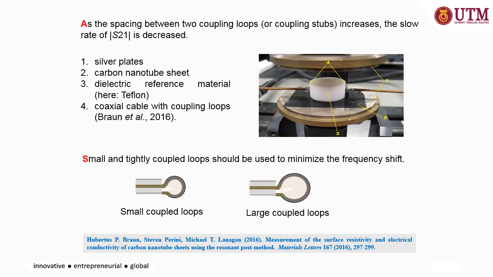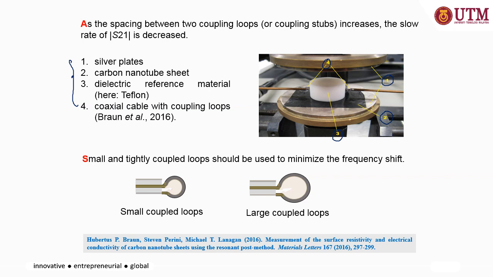This slide shows one example of a cavity resonator being used to determine the sample property. I believe this is one of the DRA materials, the white sample in the middle. The numbering here represents the components or the structure involved in this measurement.